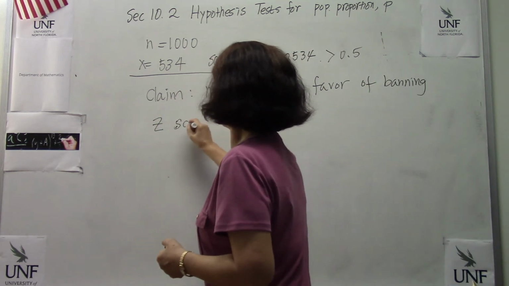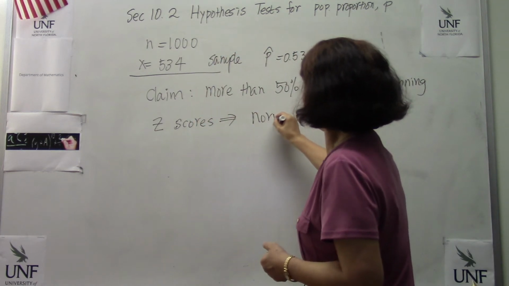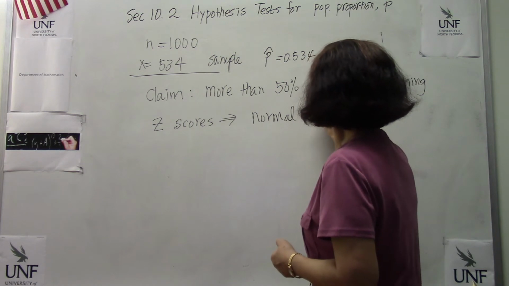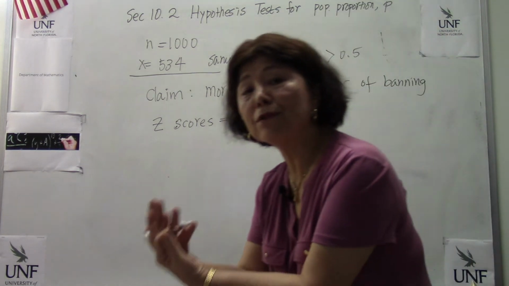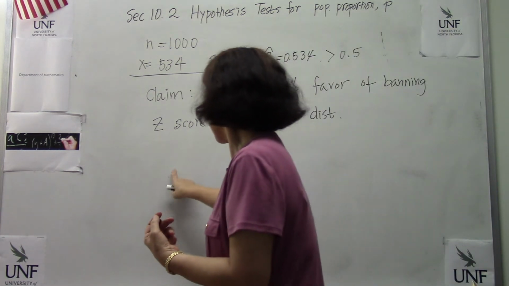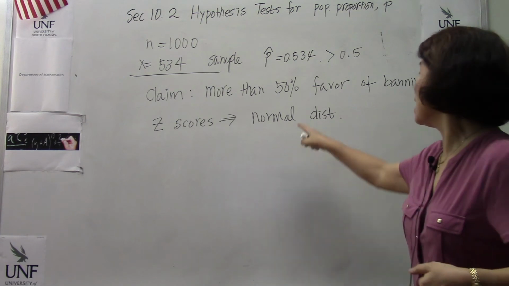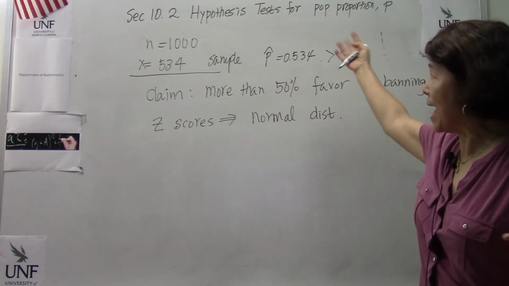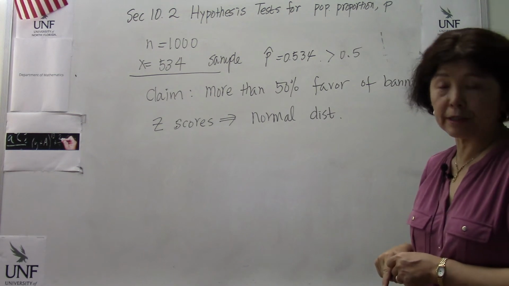Z scores. So that means we are going to use normal distribution. We have to establish that it is okay for us to use normal distribution, because for now, nothing states that it is going to be a normal distribution, okay?